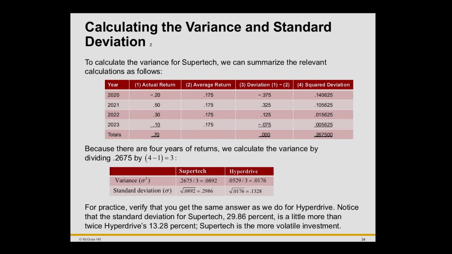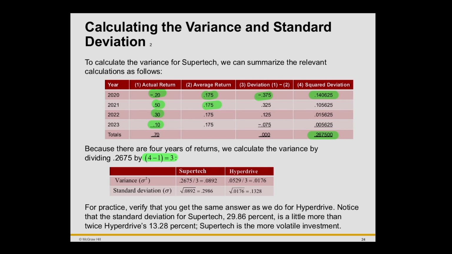We have the actual return for SuperTech right here. Here's the average that we then subtract from the actual return for each year. And then over here, we square that value. And then we sum all of those squared values up. And we divide by, again, the 4 minus 1 degree of freedom, or 3.